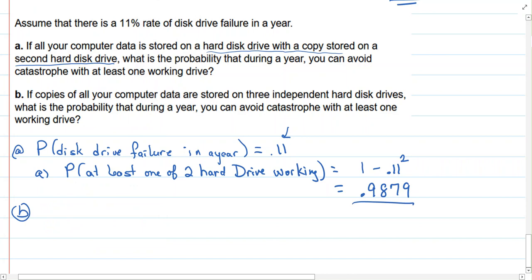Now, all of your computer data are stored on three independent hard disk drives. What is the probability that during the year you can avoid catastrophe with at least one working?